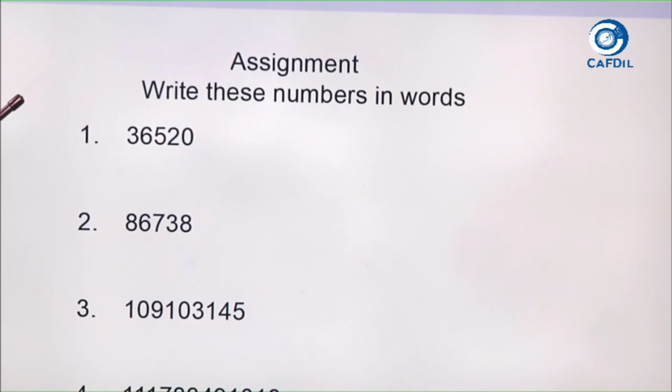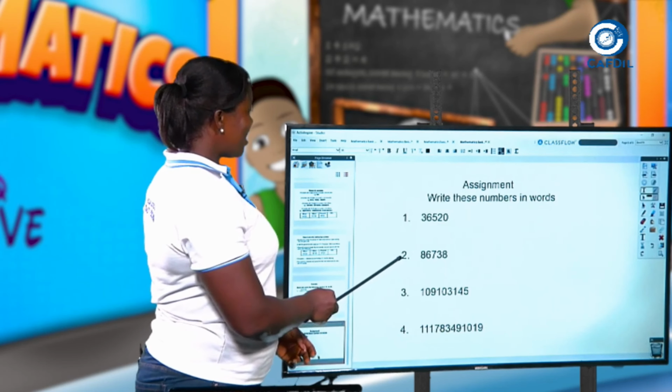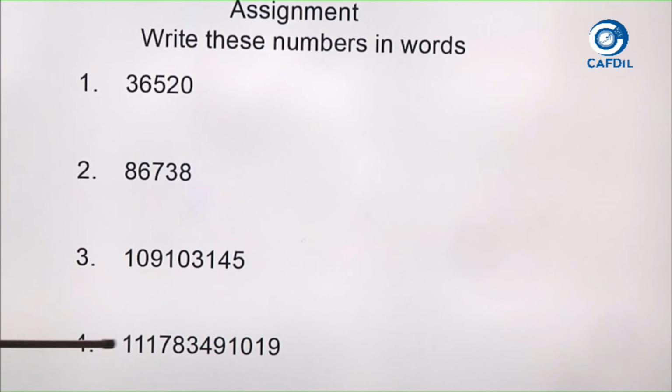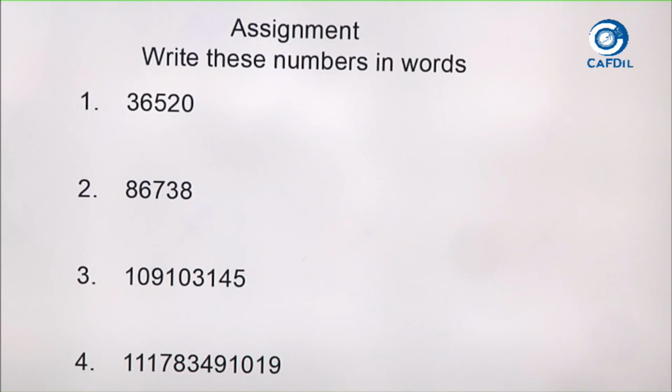Follow the rule and then read it yourself. The second one, we have this, the third, and the fourth. Copy the assignment nicely into your exercise book. When you are free, you do it. When we meet for the next lesson, I will go through with you.